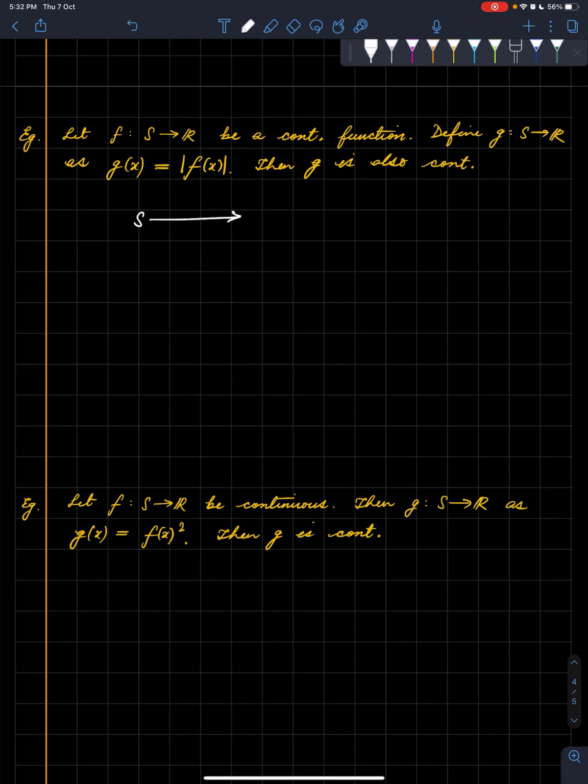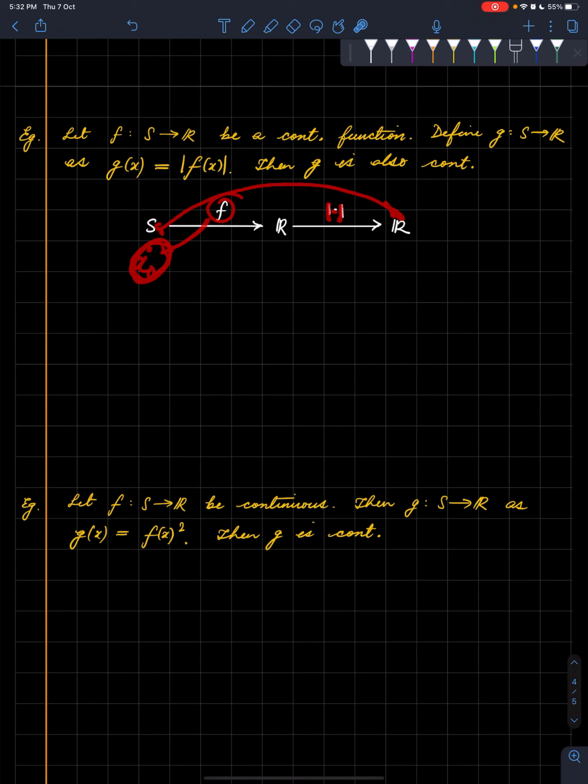This is nothing because we have S, and f maps it inside R, and then we have the absolute value function which is also valued in R. So we have this composite, and if we pick a point x0 in S, since f is continuous everywhere, it is in particular continuous at x0, and the absolute value function is continuous everywhere, therefore this composite is also continuous.